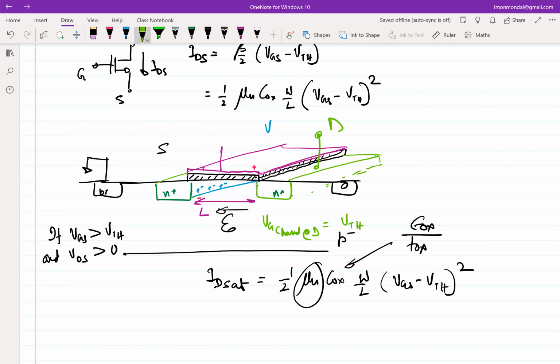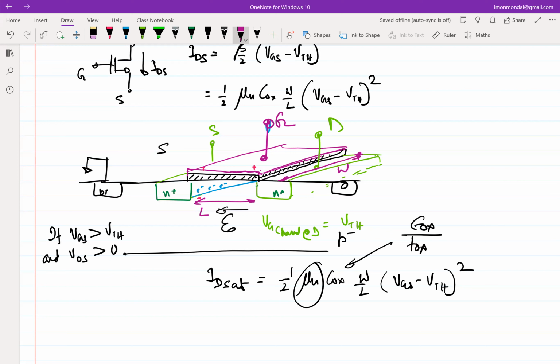Similarly, you will have a source coming from somewhere here, and you have a gate. Let's do the definition first. This lateral dimension is the W. W in the sense of current flow is essentially the width of the pipe. If you have a thicker pipe, you will have more water flow. In this case, if you have higher W, you will have more current.